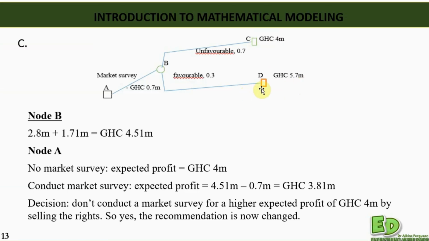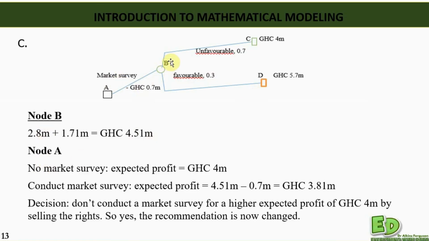What you do is multiply this probability by this value plus this by this. This by this gives us, I think, 2.8 million, and 0.3 by this gives us 1.7 million. The summation is 4.5 million, and that will be on this node over here.